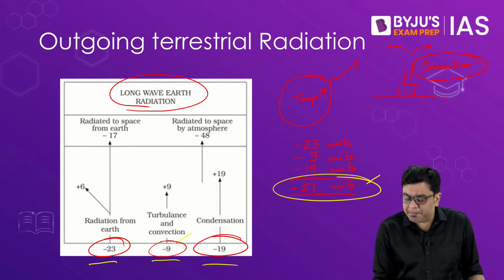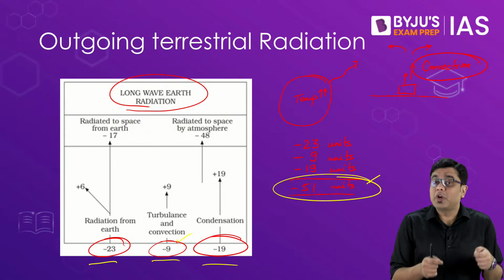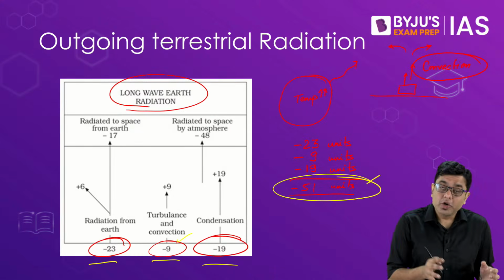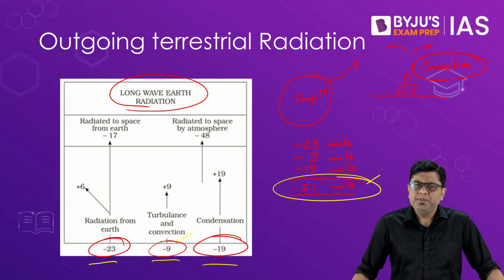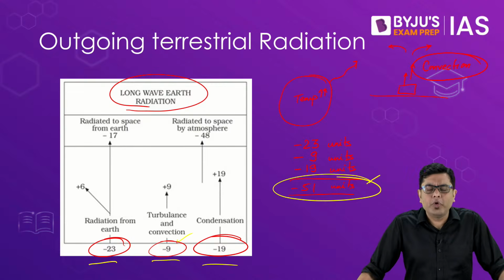If this energy balance is skewed, if it goes haywire, then you come across a scenario where the planet additionally heats up or additionally cools down. Now, across the different parts of the planet, the rate of heating and cooling is not going to be the same.